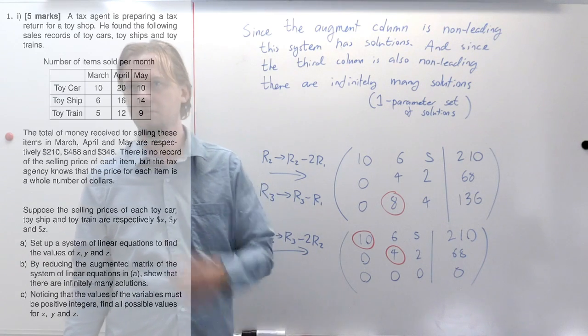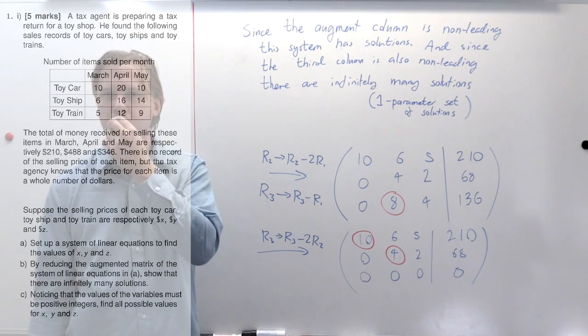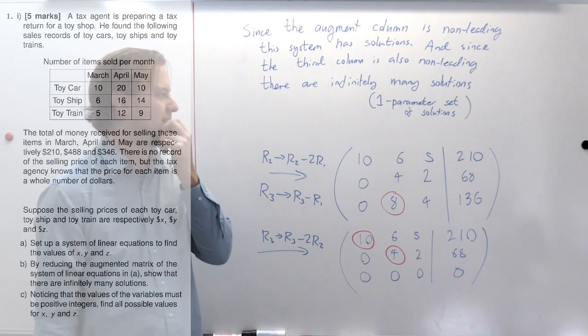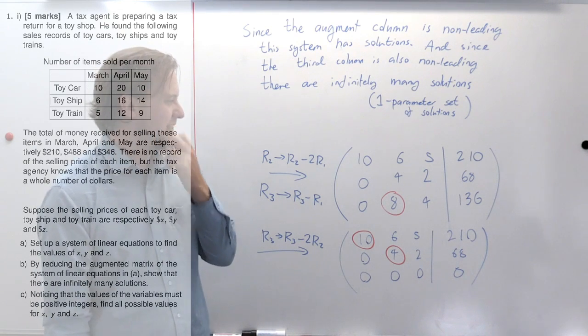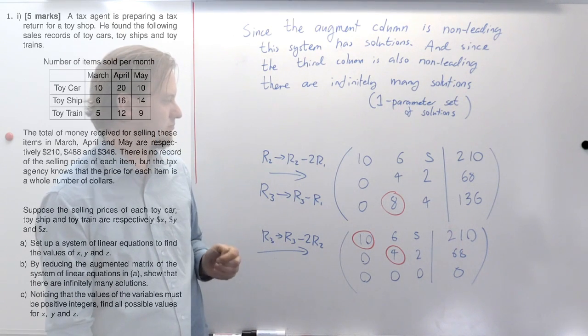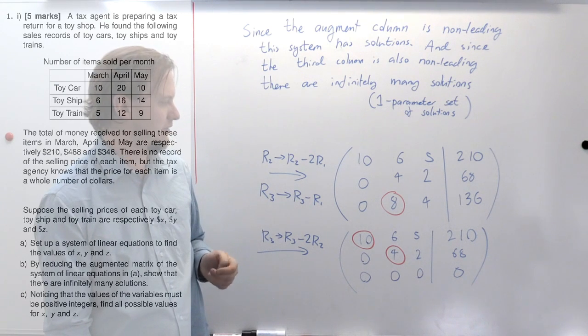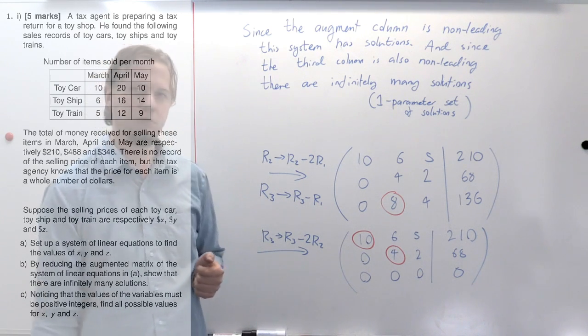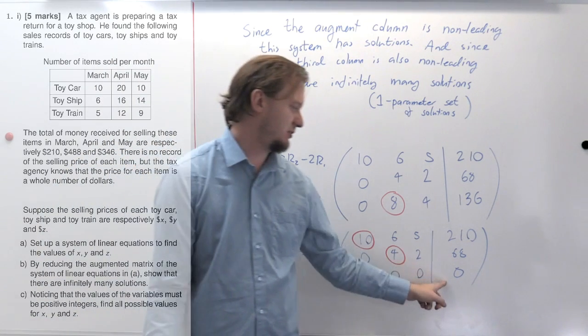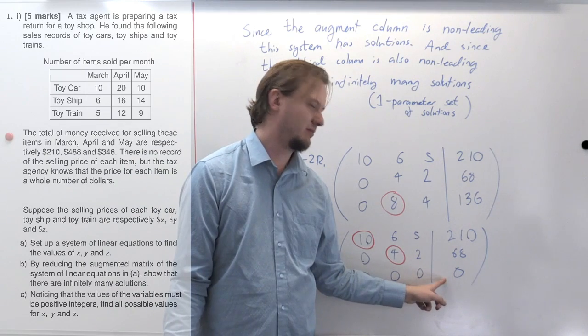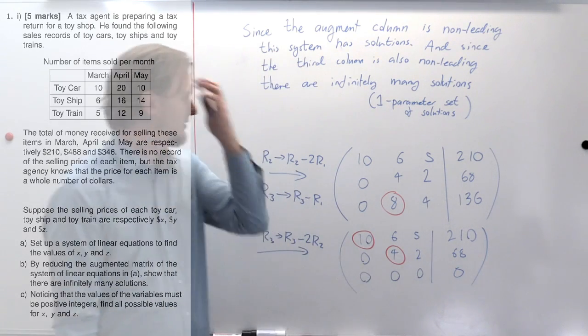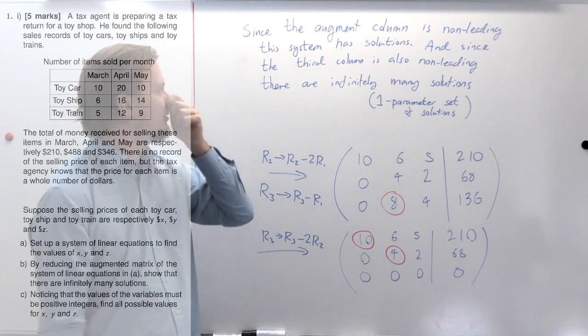Josh, could one have said, since the third column is non-leading, there are infinitely many solutions, without the first sentence? Well, I don't think that's necessarily true for all matrices with that property.